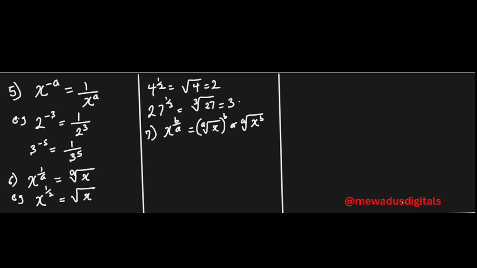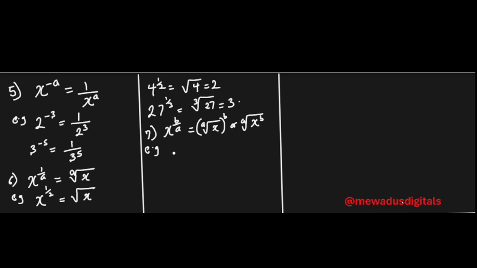Here you have x raised to power b over a. In this case, you also have a fraction as the power, but the numerator here is not 1, unlike law 6, where the numerator is 1. All you just have to do is take the a-th root of x all raised to power b, or the a-th root of x raised to power b. Let's take an example to apply that.